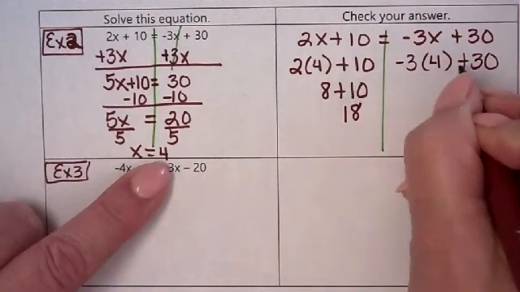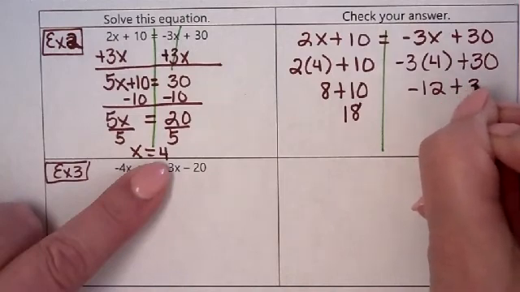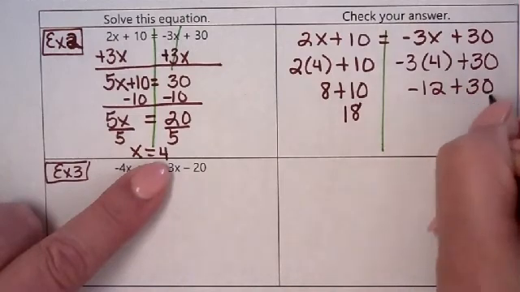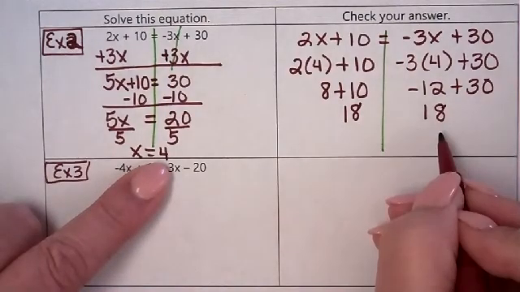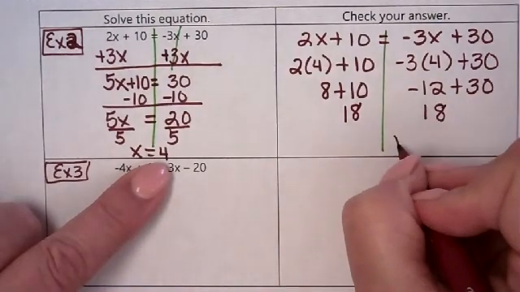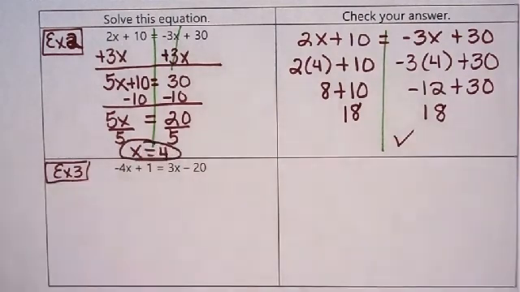Well, negative 3 times 4 is negative 12 plus 30. Negative 12 plus 30 is 18. Well, look, I've got 18 on both sides, so it checks out, and I know that is my correct answer. Okay, pause the video, make sure you've got everything copied down, and then we'll do example 3.